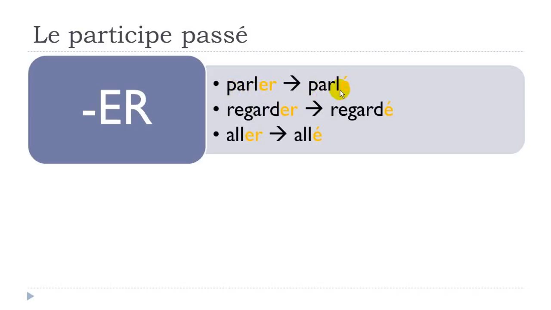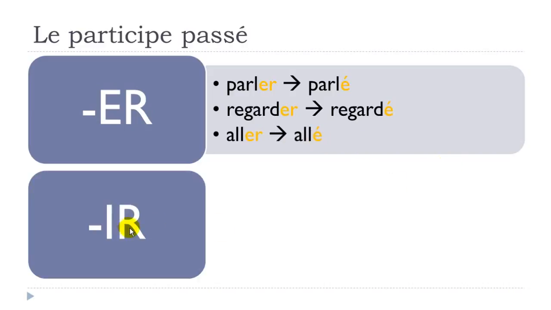Parler, parlé. You pronounce it the same, okay? Regarder, so to watch, will give you regardé, okay? And then even this aller verb, so irregular verb, but then it will behave like the regular verbs. So aller will give you allé, accent aigu like that, okay?